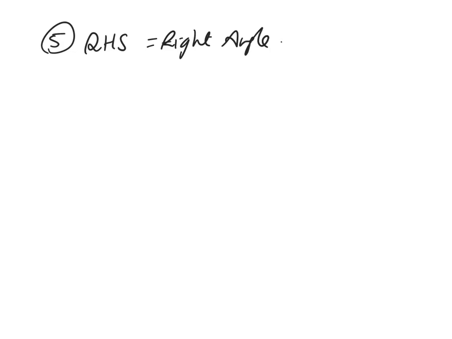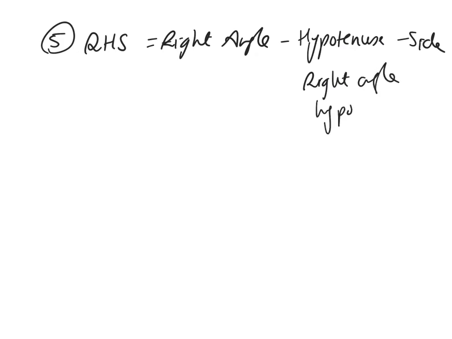My last rule that I could use to test whether my two triangles are congruent is called the RHS, meaning I have a right angle, the hypotenuse, and the side that are all the same.